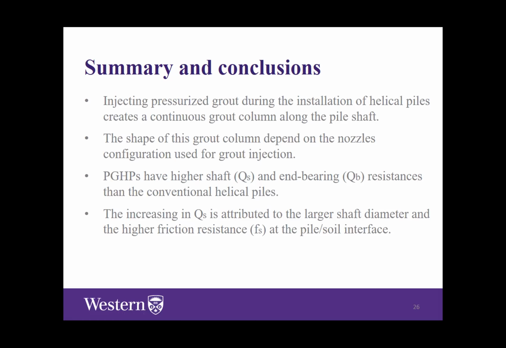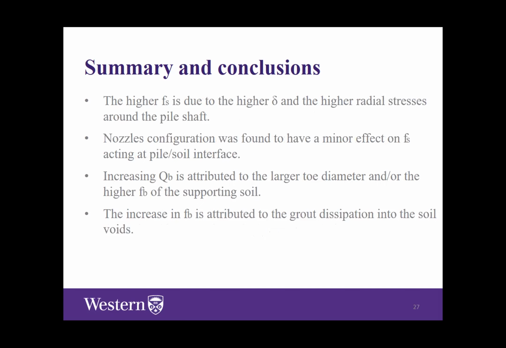And also the higher friction resistance at the pile-soil interface, because the injection of the grout under high grouting pressure increases the radial or lateral stresses around the pile shaft. Also the delta, which is the interface angle between the soil and concrete, is higher than that between soil and steel.